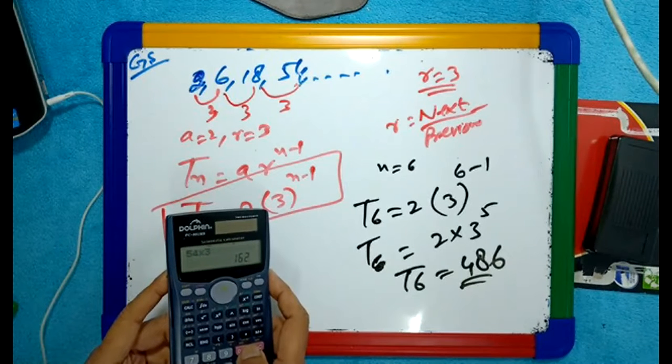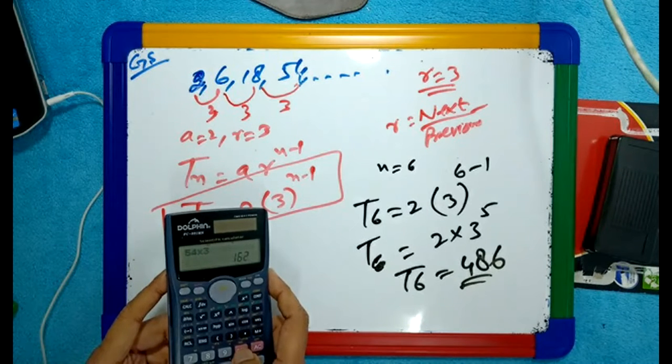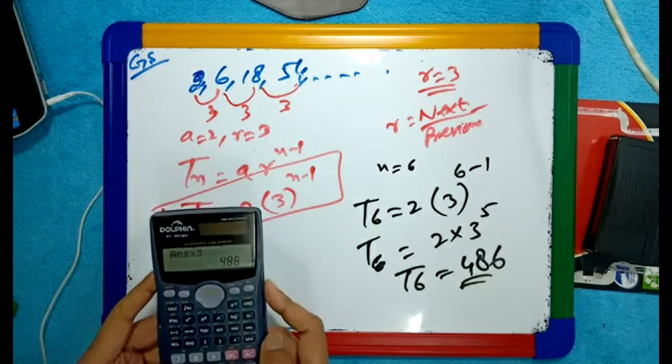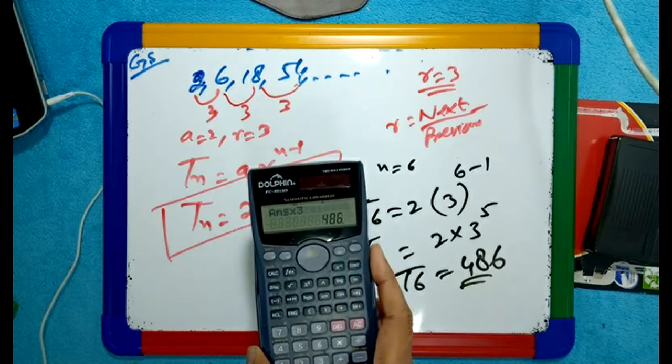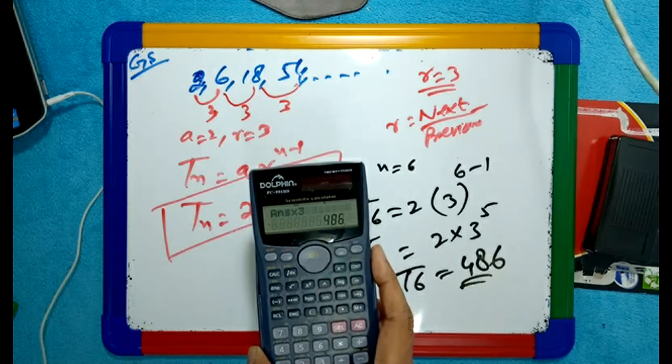Now again I multiply by 3, I'm getting 486, the sixth term. That's why I took a smaller term. So I got 486, the sixth term. Got it?